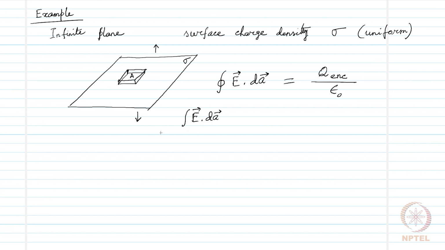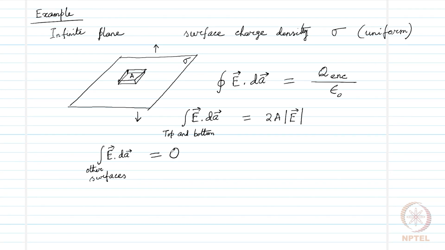Over the top and bottom surfaces it gives us 2A multiplied with the magnitude of the electric field, and on the other surfaces, because E and dA are perpendicular, this quantity is 0.